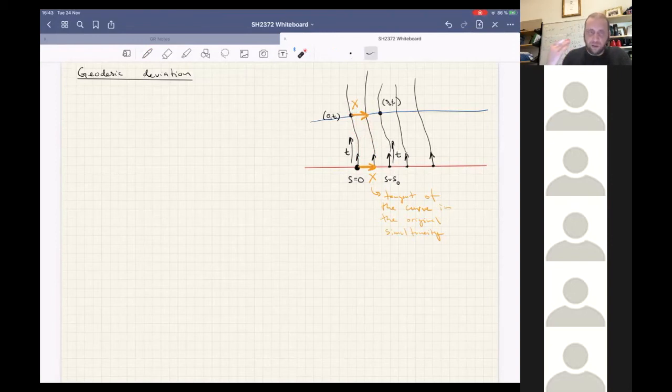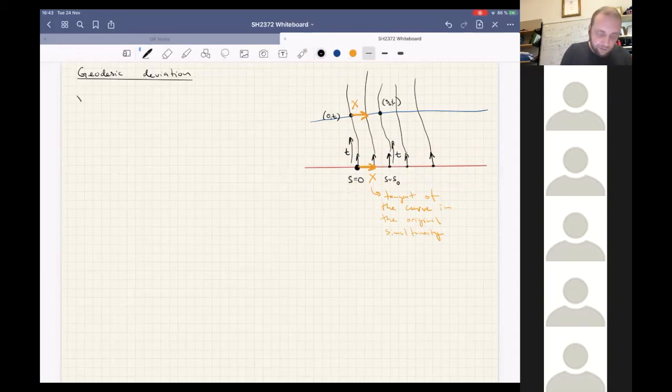And what I want to look at now is essentially how this vector field changes when we increase t. And in particular, I want to look at the second derivative, because the first derivative, we are going to have to define on this line here. So I want to look at the second derivative. And the second derivative, well, since it's a vector field, we will have to use the connection in order to describe this.